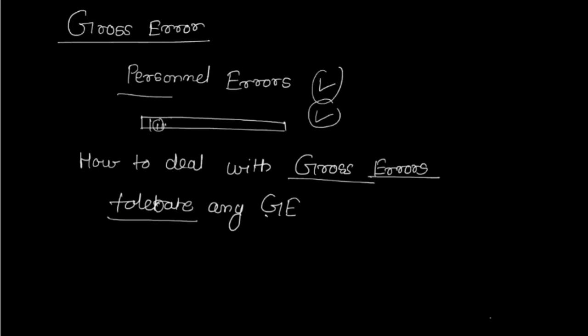This is a very personal kind of error. So generally we adopt very good field practices, good field procedure. We also say SOPs, the standard operating procedure, to perform a particular kind of surveying operation. So we try to eliminate the gross error by adopting a good field procedure.